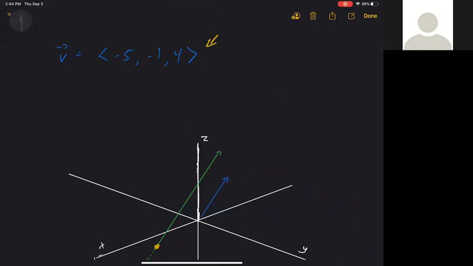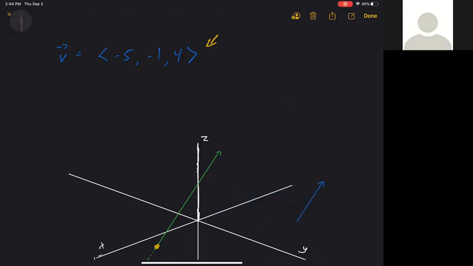If the base of this vector was at the origin, then its tip would be at the point (-5, -1, 4). But remember, it doesn't matter where this vector is in space, as long as it moves -5 units in the x direction, -1 unit in the y direction, 4 units in the z direction.